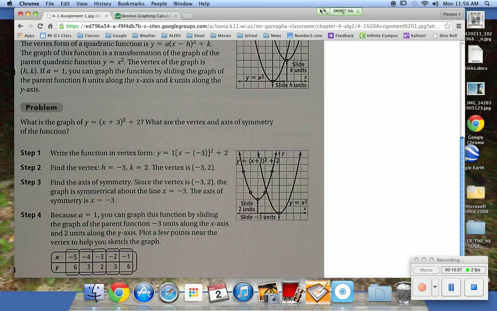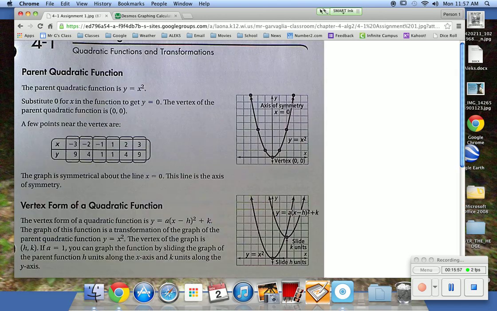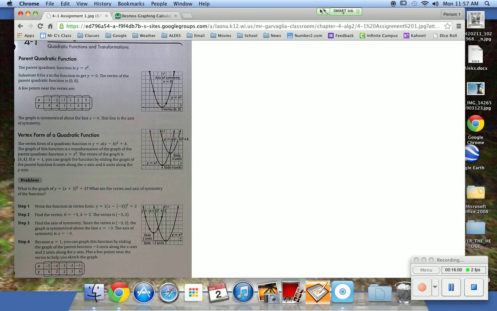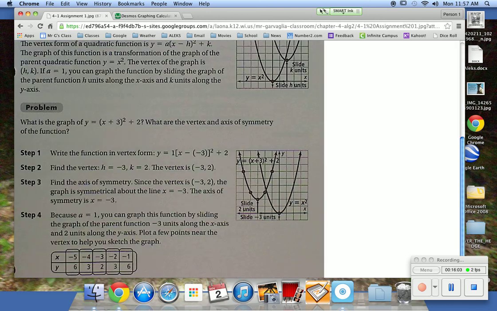So if I was to take the function y equals (x plus 3) squared plus 2, what do you think my h and k would be in that case? Where would be my vertex? Remember this one, x minus h. X minus h shows where your h value is. H is -3.